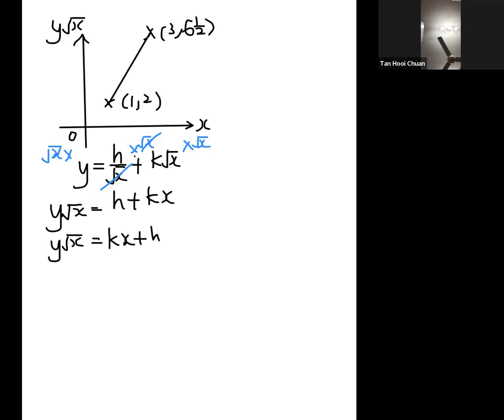The gradient is change in y over change in x, that is m, this is k, this is c. So m equals 4.5 divided by 2.